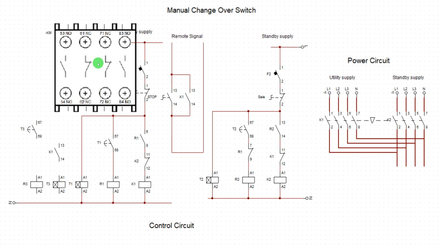So now let me know how many you have used. This is NO. We have not used NO here. This is NC. We have used one of the NC for the interlock. Now we need this again, so use NO. We have taken one for this interlock.